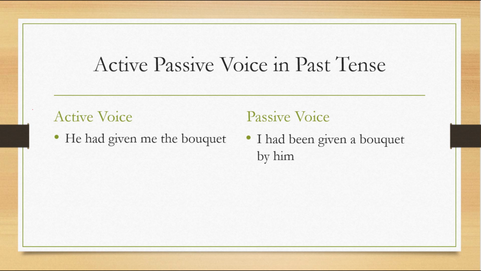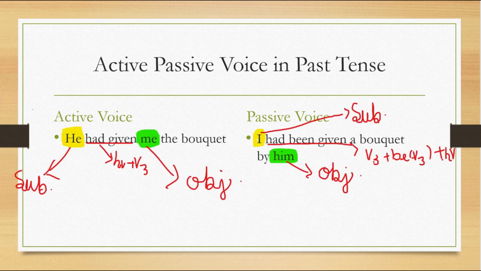So you put it in the third form here. It's already there. You have to add a supporting verb or an auxiliary verb to keep it in the past perfect tense of passive voice when you make it passive. I had been given, okay, a bouquet by him.